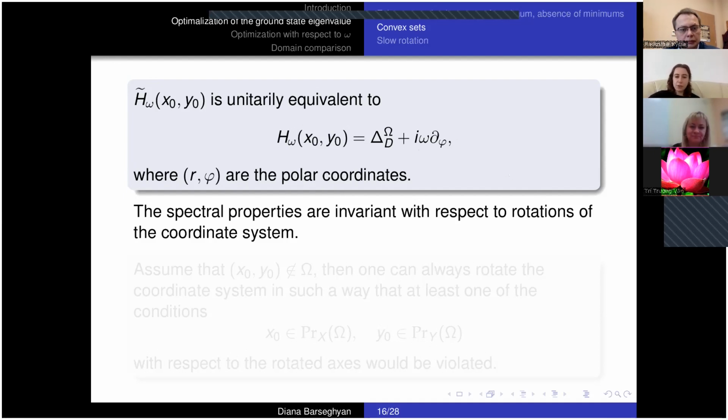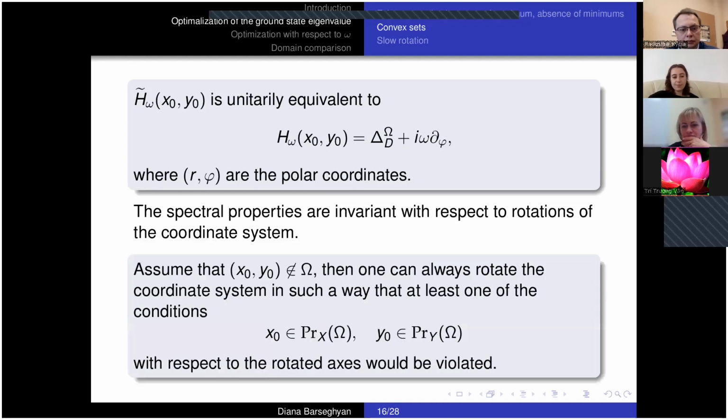Next, we have d/d phi, the partial derivative with respect to phi, and of course phi and r are the polar coordinates. So you see here that if you rotate the system of coordinates, then you have the same spectral properties. Therefore, we use this formulation to show that these spectral properties are invariant with respect to the rotation.